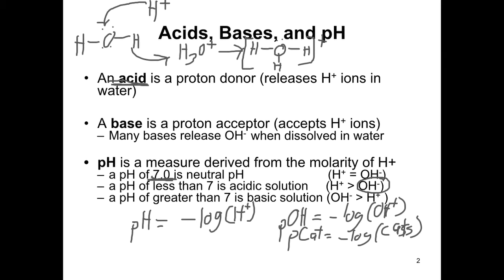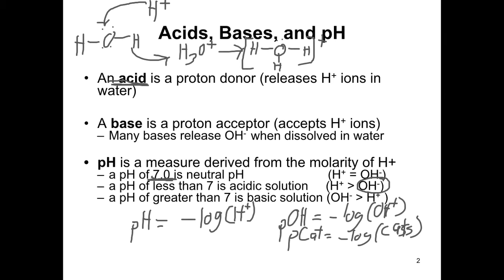So the more acidic you are, the more hydrogen ions you have floating around. The more basic you are, the more hydroxide ions you have floating around if you are in water. And remember, all life is water-based, so usually in life you are in a water solution.